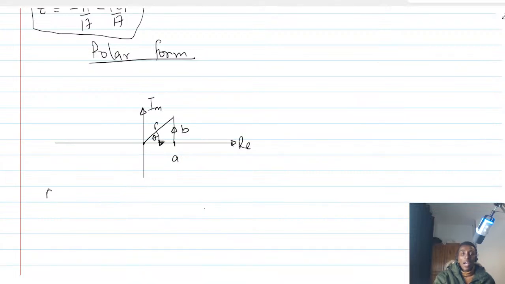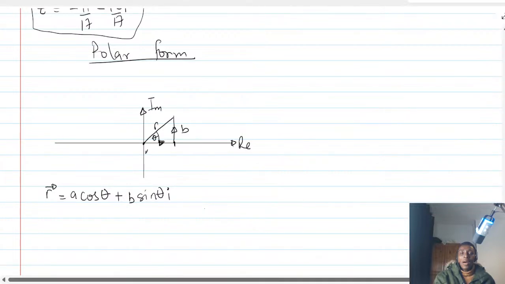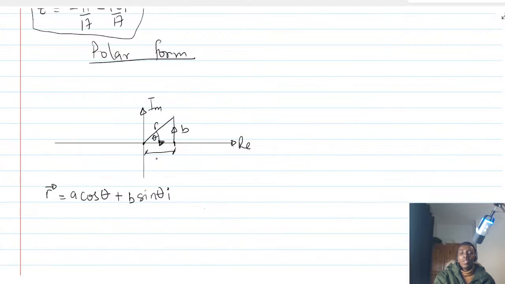So we can say that R is A cosine theta plus B sine theta I, because this part here is what? A cosine theta.